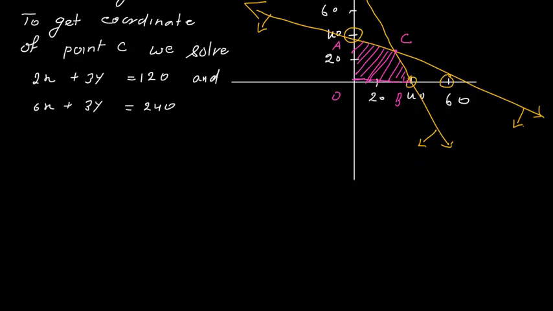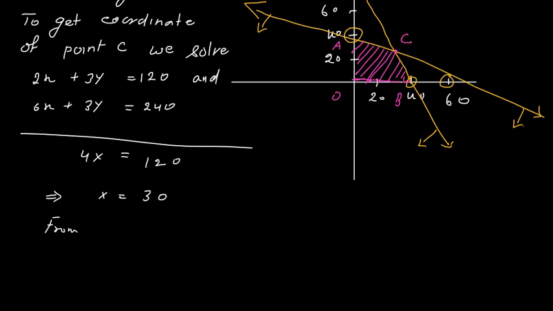So when I subtract this equation from this, 240 minus 120 gives me 120. 3y minus 3y cancel. 6x minus 2x gives me 4x. So from here I get the value of x is 30, and we can say that this is equation 1. So from 1, 2 into 30, 2x plus 3y is equals to 120.